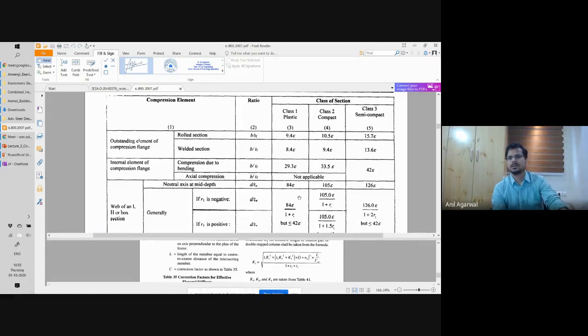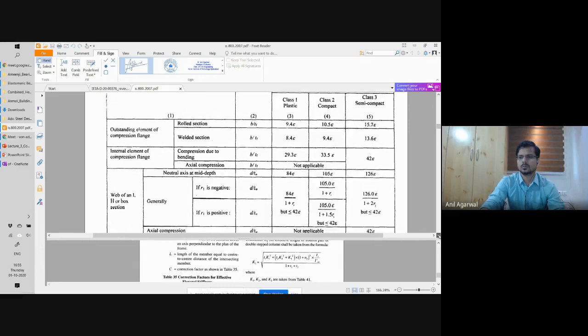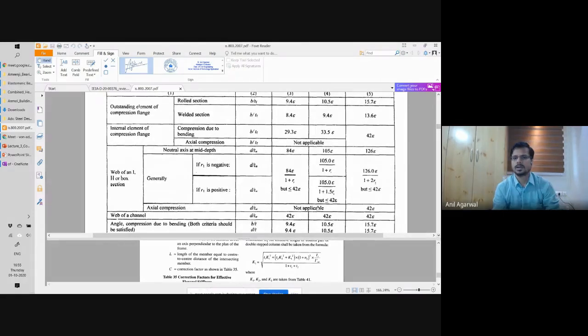What matters is that it is at least semi-compact. So it has to satisfy the limit of 42. Basically, the d by tw of the web should be less than 42 for it to be semi-compact at least.